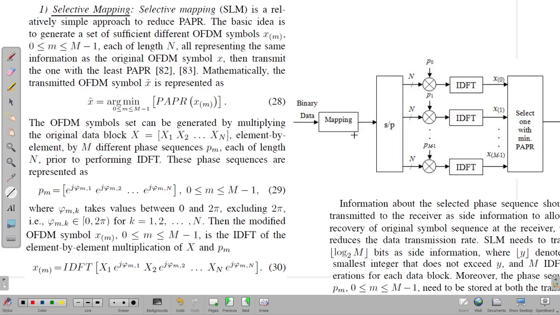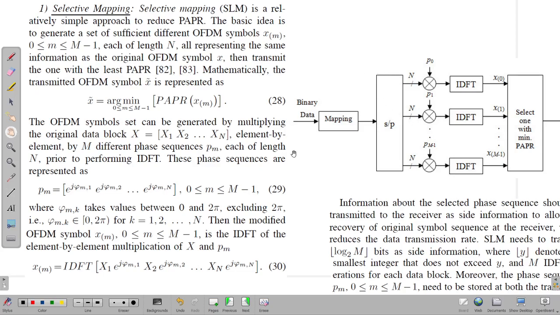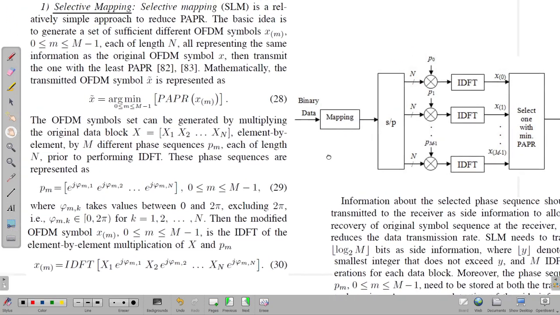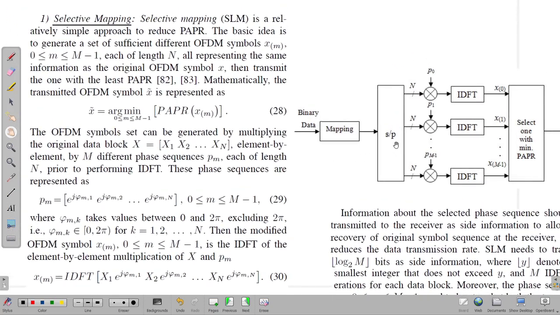So you can see the diagram here, where there is the incoming binary data. Constellation mapping modulation is performed. Then there is a serial to parallel conversion.